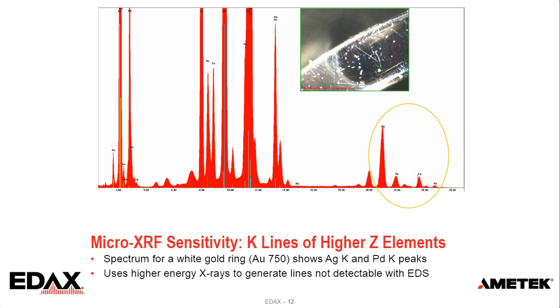We can use these higher energy lines to generate lines not detectable with EDS. So if you have overlaps in the lower energy range on the EDS side, you can use Micro-XRF to generate the K lines for those higher Z elements to confirm their presence.